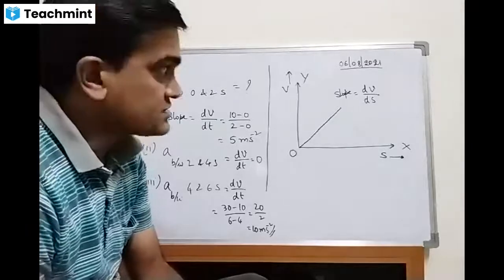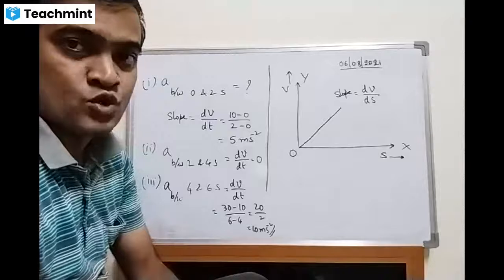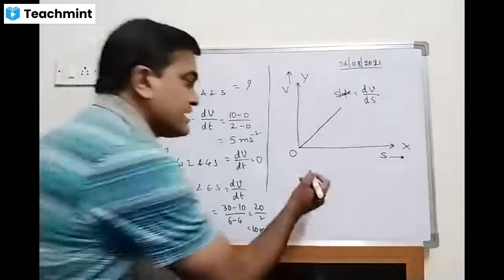What do I have? I got the slope. Slope is equal to dv by ds. Can I write like this?